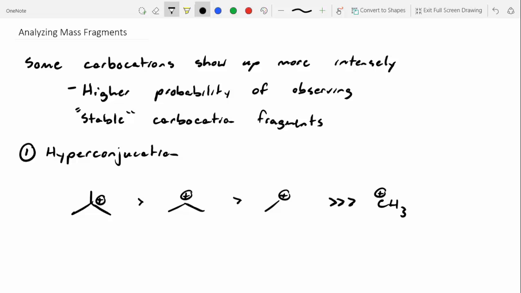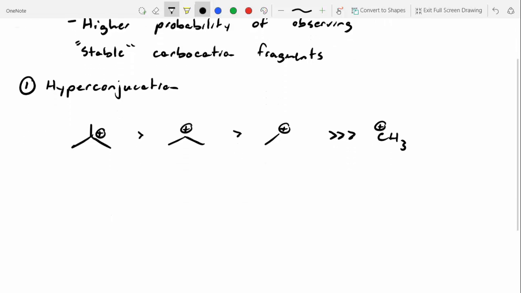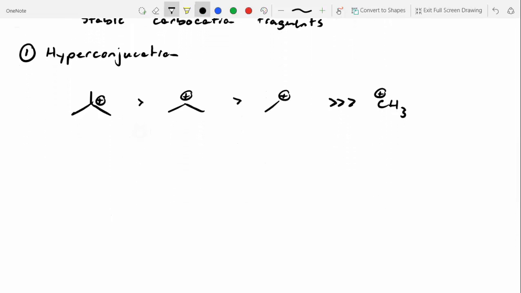So typically, you can assign fragments based on the stability of a specific carbocation. The other thing that can stabilize them is resonance. And the first one we have is allylic.